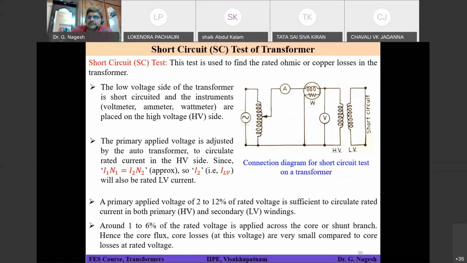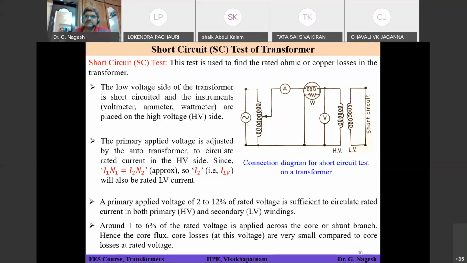No, because the full load copper losses are calculated corresponding to the rated current in your winding. If you are not sending the rated current, and let's say you are sending only 50% of the rated current, then you have to say that these copper losses are not the full load copper losses.